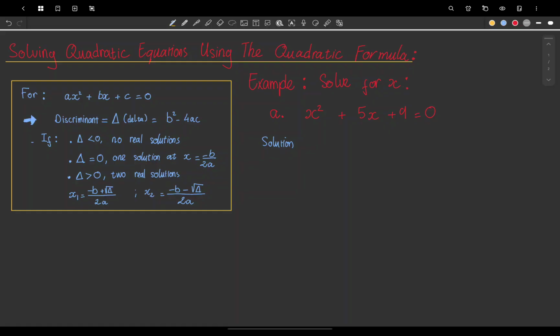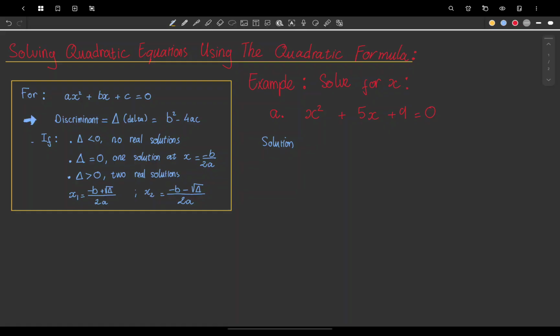Sometimes we can use the null factor law or completing the square, but those techniques are not always going to work. However, with the quadratic formula, it will always work.